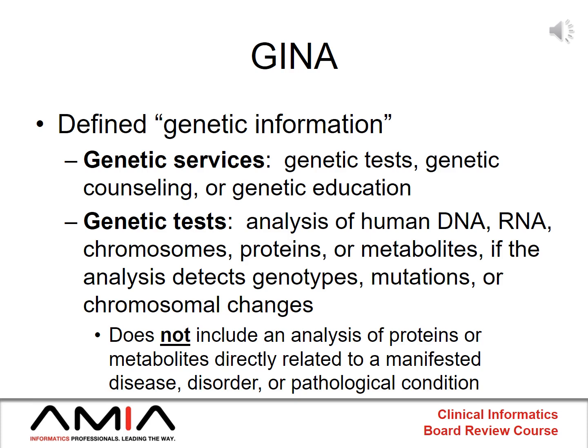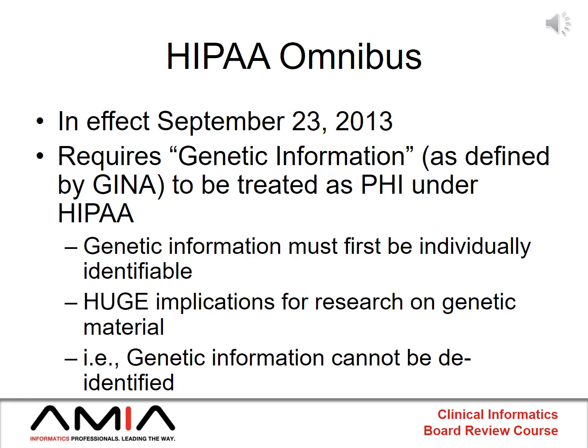GINA did exclude non-genetic laboratory results by specifically stating that genetic information did not include an analysis of proteins or metabolites which were directly related to a manifested disease, disorder, or pathological condition. So in 2013, the requirement for the Department of Health and Human Services to classify genetic information as protected health information under HIPAA was effected in the HIPAA Omnibus Rule.